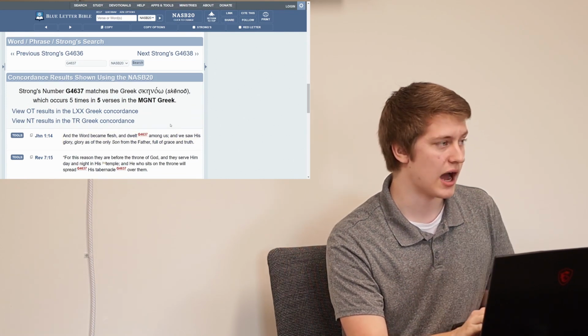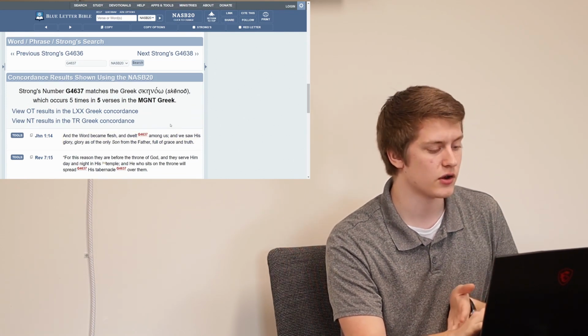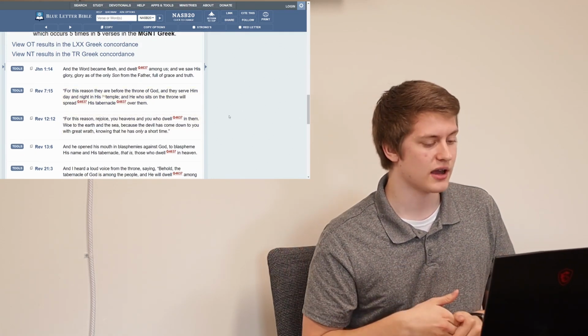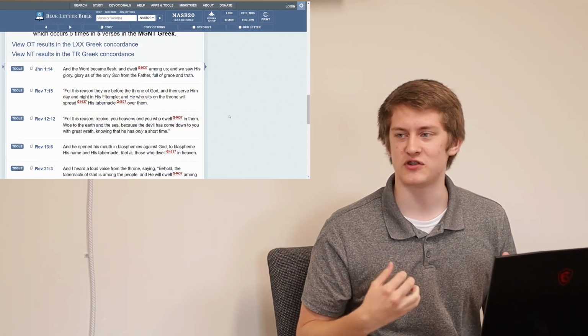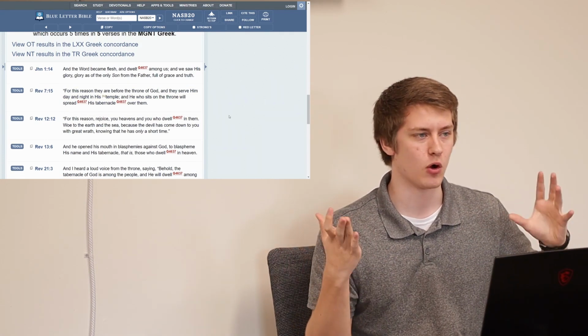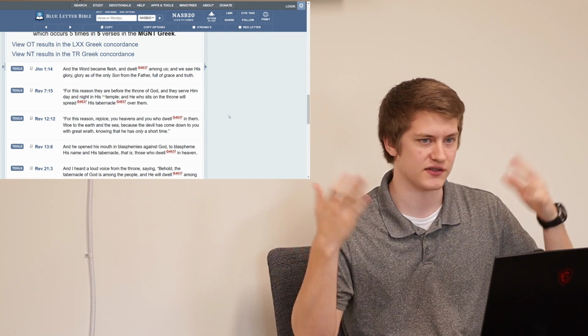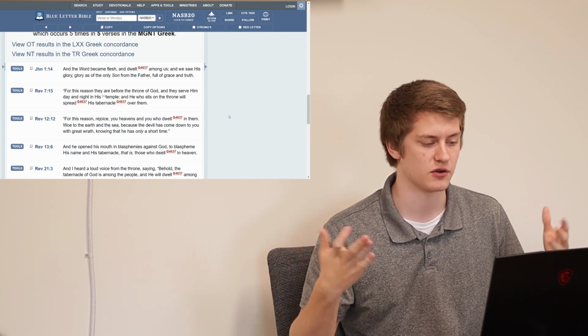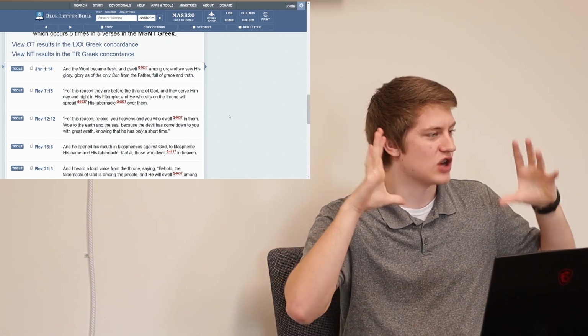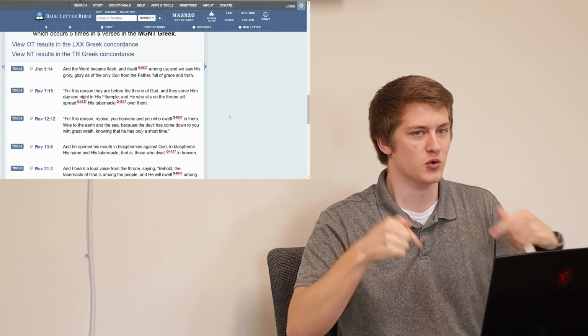Notice that in John it's only used once, in this verse, but in Revelation it gets used 4 times, which is kind of interesting. Sometimes there is a little bit of a debate about who wrote Revelation, but I'm fairly certain it's the same one who wrote the Gospel of John and the letters of John, and this is kind of proof of that. John is the only one in the Bible who uses this word.